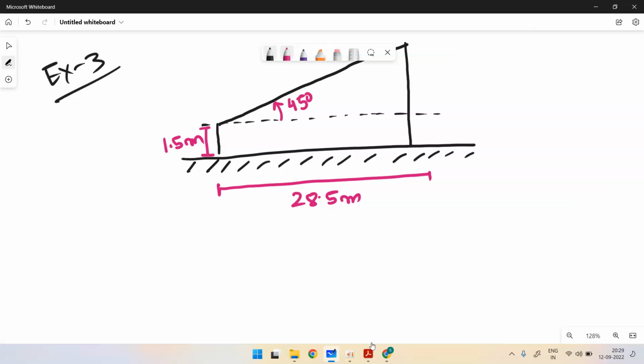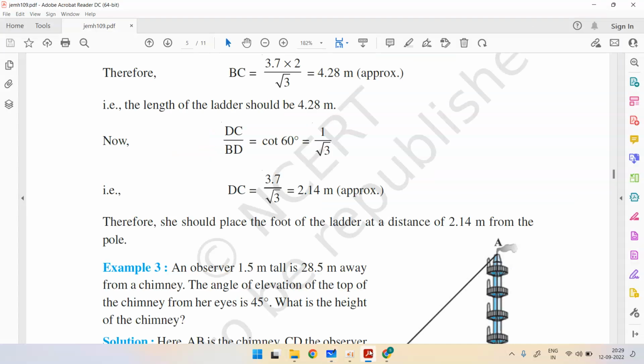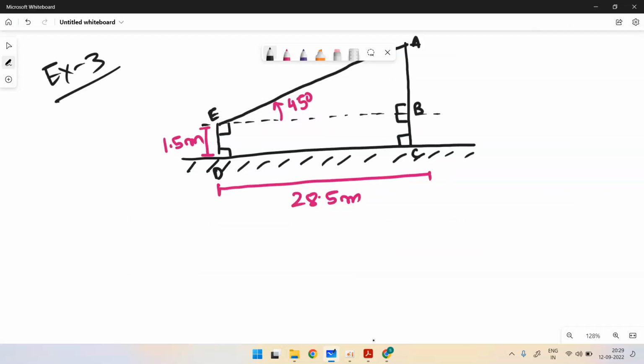Let me rename this: this is A, this is B, this is C, this is D, and this is E. This angle is 90 degrees, and this angle is also 90 degrees, so this becomes a parallelogram. Now what you need to calculate is the height of the chimney.